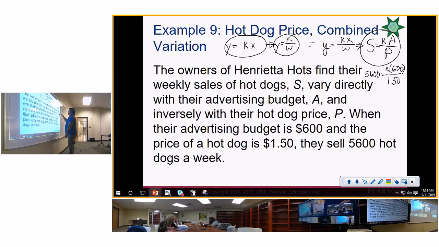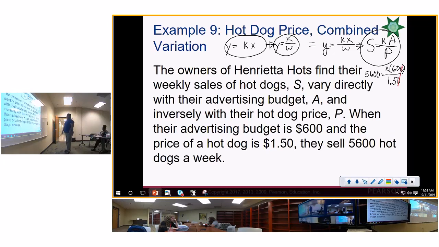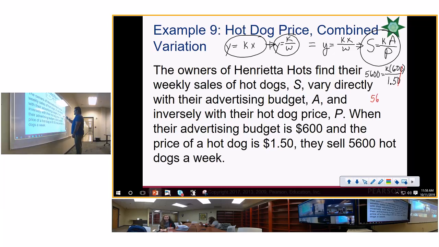Now let's divide 600 by 150. Let's take out those two zeros and that zero there. 60 divided by 15 is 4, right? But 60 divided by 1.5 would be more than 4. It should be 40. So 5,600 is equal to K times 40.